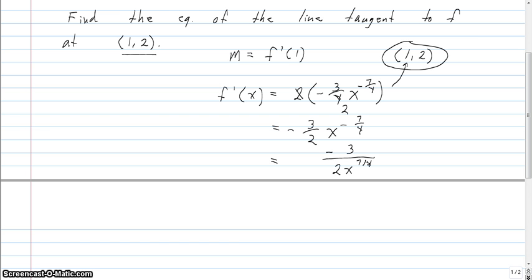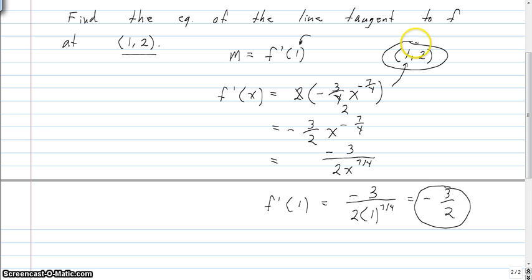But this is probably okay because we're just going to plug 1 in for x. If I plug 1 into my derivative, of course 1 to the 7/4 is just 1, so my derivative is minus 3/2. So this is the slope of my line.